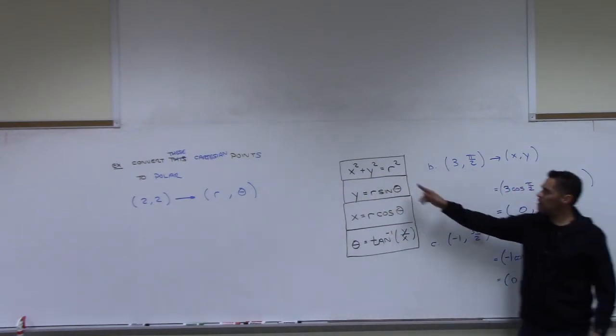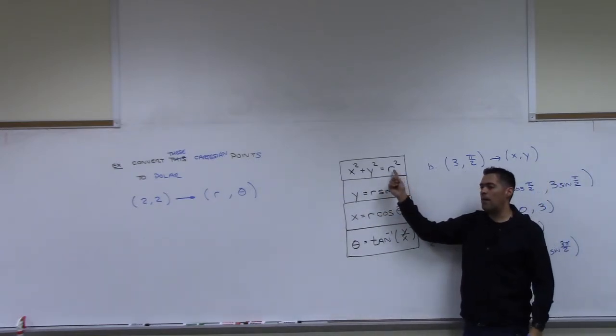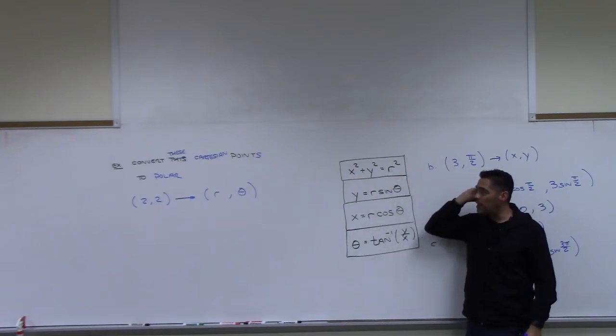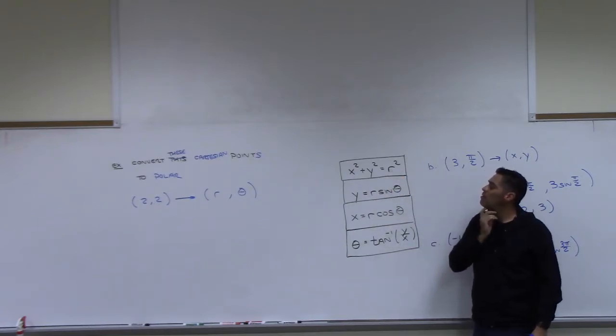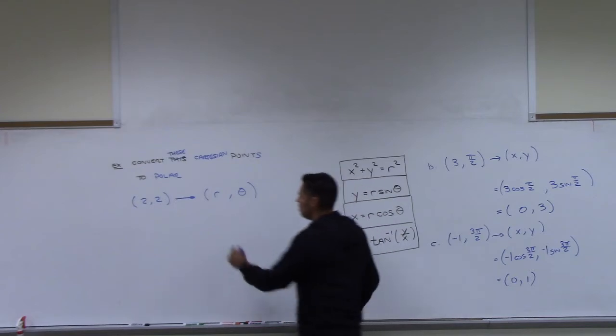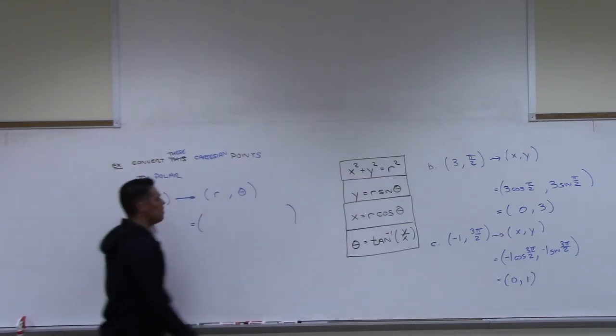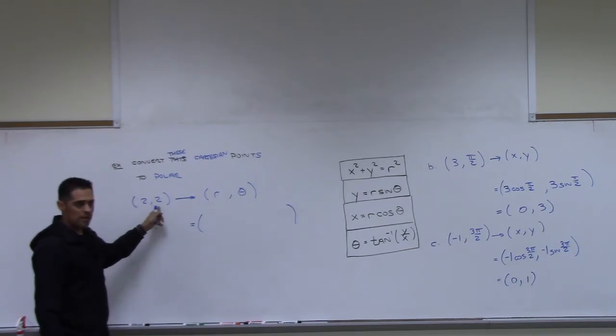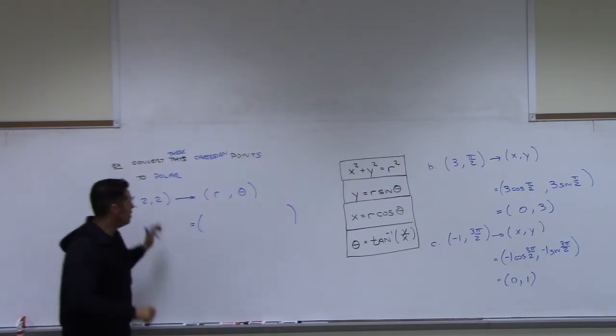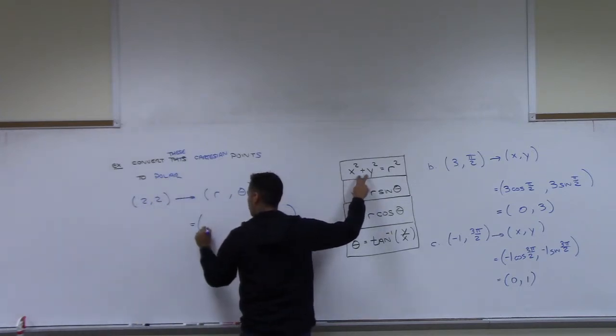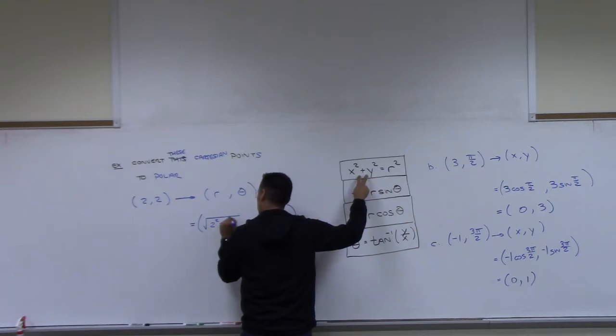Okay, so we have a formula for r, don't we? Well, we have a formula for r squared, which is good enough because we can square root it at the end. So to get r, we're going to take this squared plus this squared, right? And then take its square root. Yeah? Okay, so that's me solving this for r. So square root of 2 squared plus 2 squared.